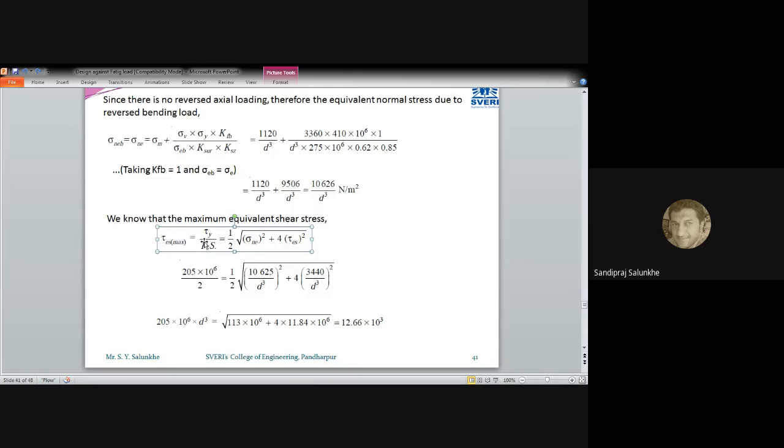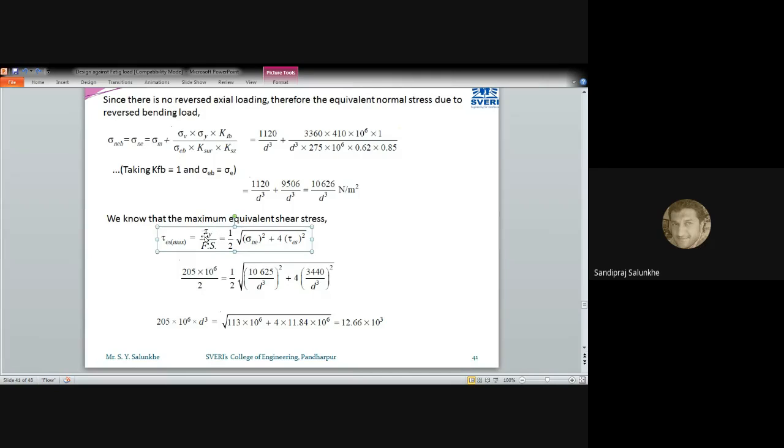Maximum shear stress is equal to, forget about factor of safety for now, later on we'll consider it, under root of bending stress square plus 4 times shear stress square. Are you remembering this? And this value should be equal to the yield shear stress divided by factor of safety.